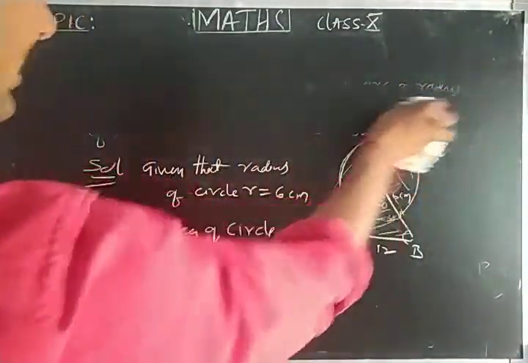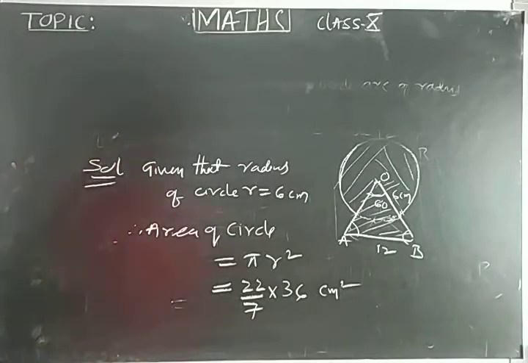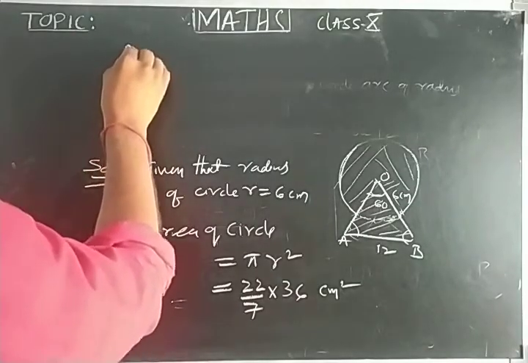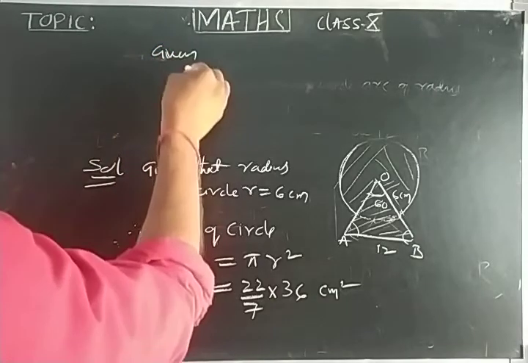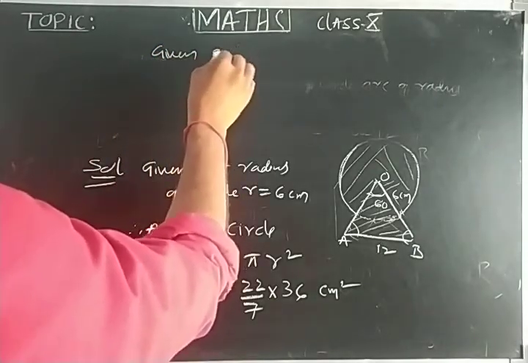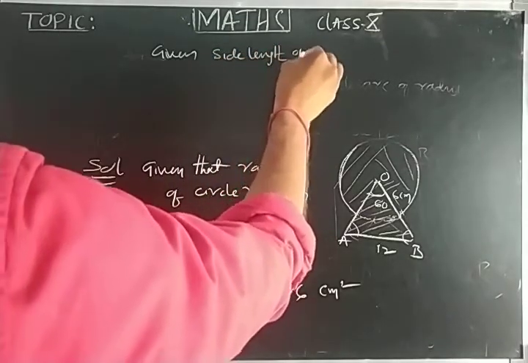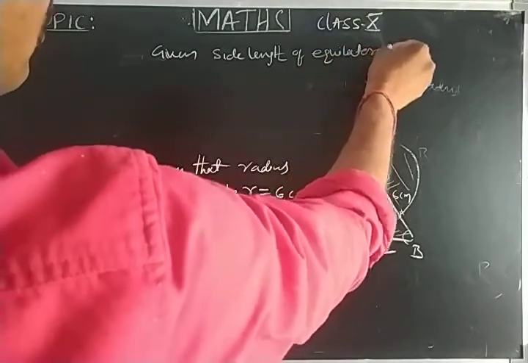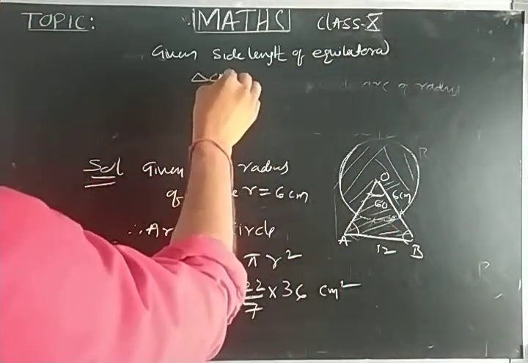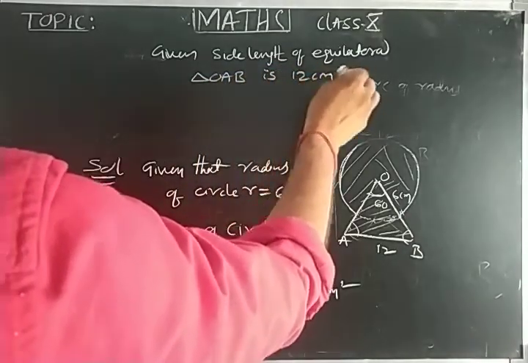Now I will find area of equilateral triangle. What is the formula of area of equilateral triangle? Root 3 by 4 side square. Given side length of equilateral triangle OAB is 12 centimeters.